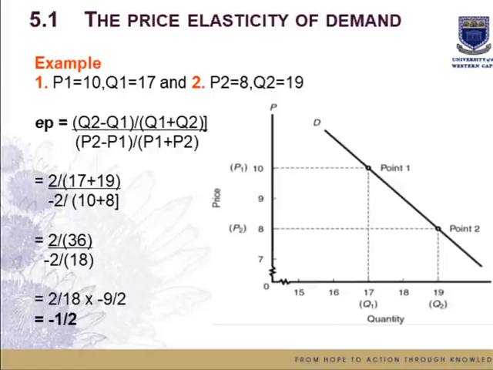The price elasticity of demand using the arc method is equal to (Q2 minus Q1) divided by (Q1 plus Q2), divided by (P2 minus P1) over (P1 plus P2). And then we substitute our values into the equation. After substituting our values, we do the manipulation, and then we find an answer of minus half.